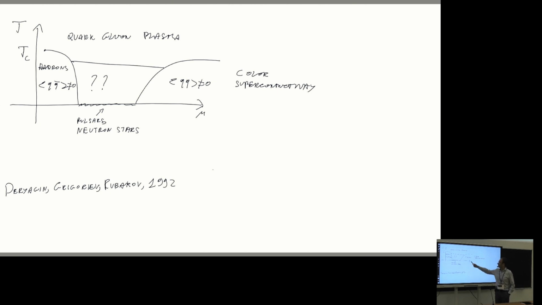I'm not going to discuss it. Essentially, the difference with respect to the usual hadron matter is that instead of having a condensate for QQ bar, you get a condensate for QQ, which is like the analog of the Cooper pair for usual abelian superconductivity. But this is the most difficult region, because this is strongly coupled. When mu is parametrically large, you are at weak coupling, so you can rely more or less on perturbation theory.